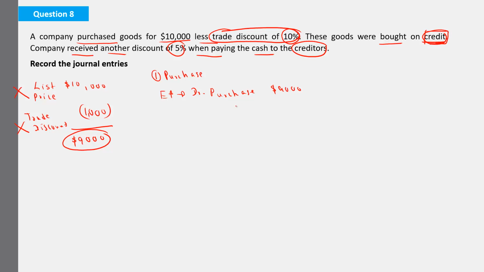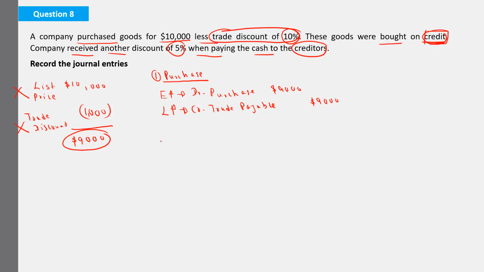So your liability is increasing. Liability increases, it's a credit record. Which liability? Your trade payable liability, increasing by $9,000. So 9,000 is the amount that I will have to settle for my supplier.